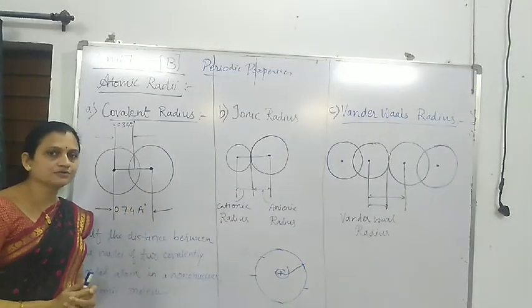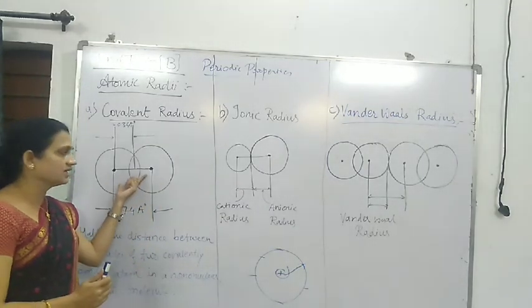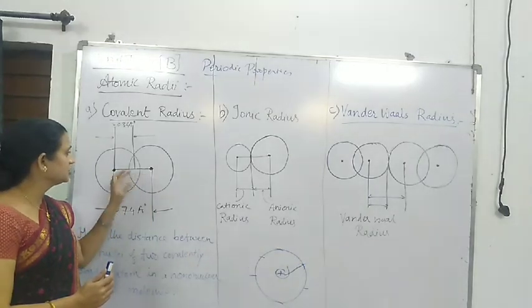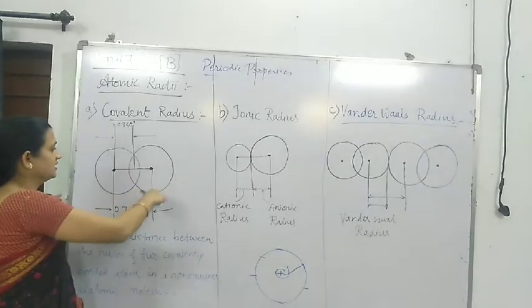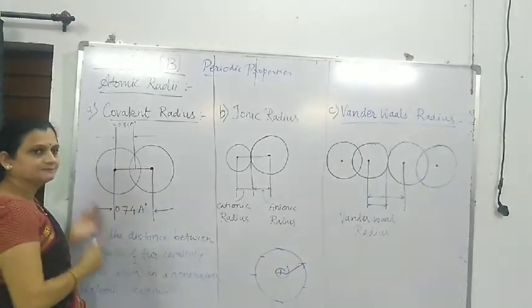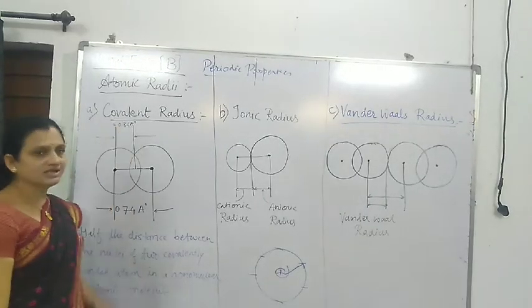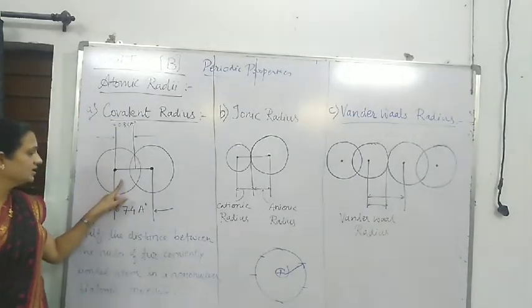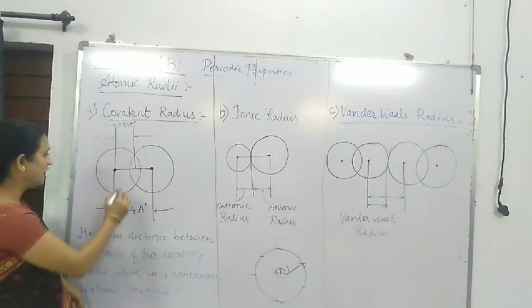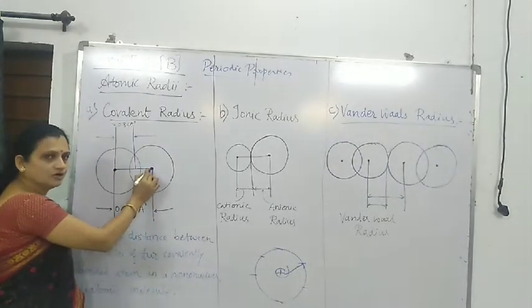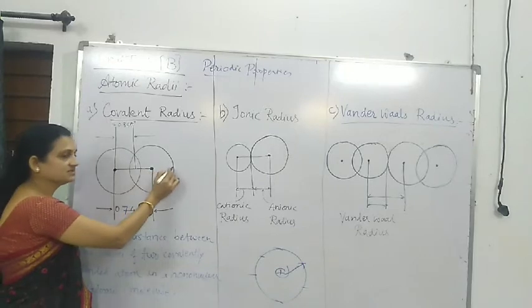Here I have already drawn two atoms, this is one atom, this is another atom, these are the central nuclei. Now what is the covalent radius? It is half the distance. Half distance means it starts from here; if we took the full distance it would start from here.